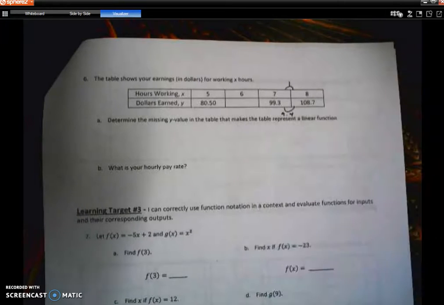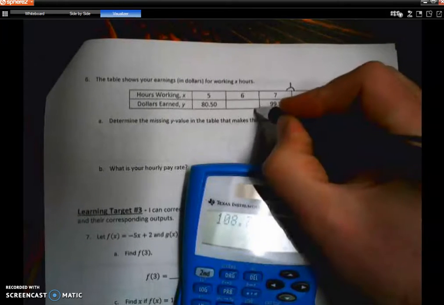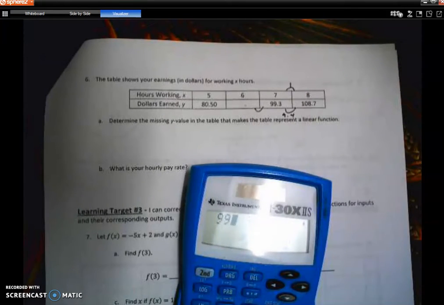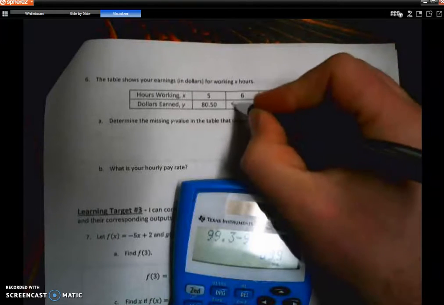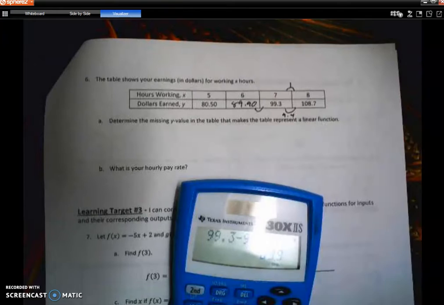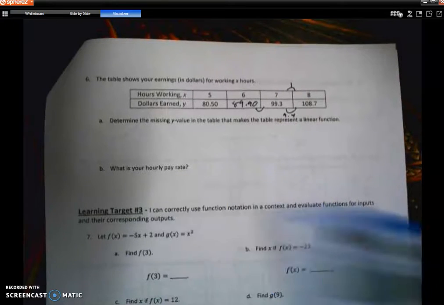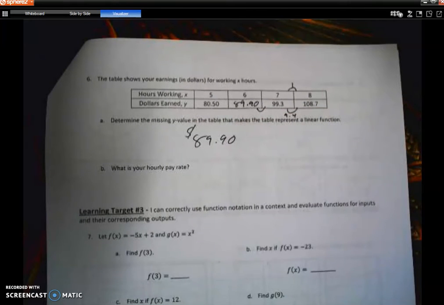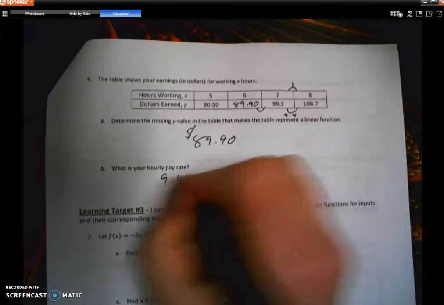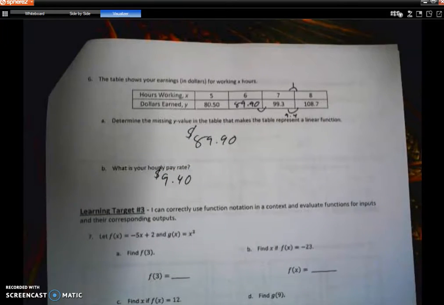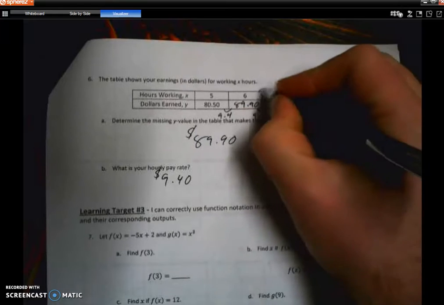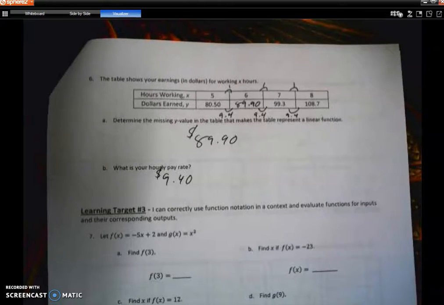So that means this has to be $9.40 cheaper than that. So 99.3 minus 9.4 gives me 89.9. So $89.90. What is your hourly pay rate? $9.40 per hour. You see it right here in between each dollar amount per hour.